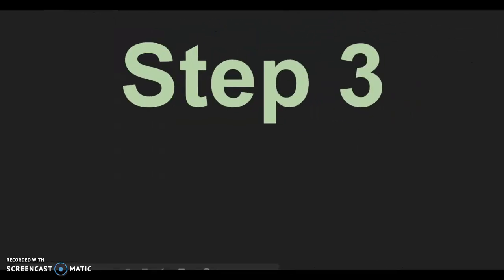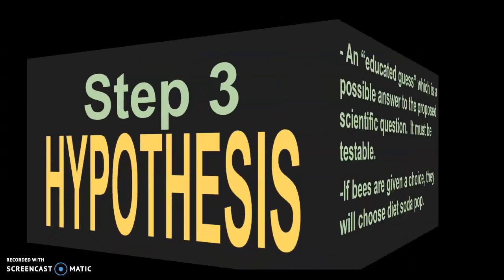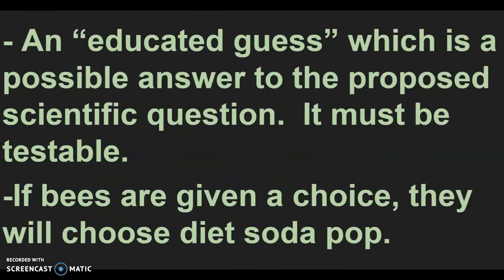Okay, step number 3. After I have my problem, my question I want to answer, then I'm going to come up with my hypothesis. And you've known forever that a hypothesis is also known as an educated guess, which is a possible answer to the proposed scientific question.